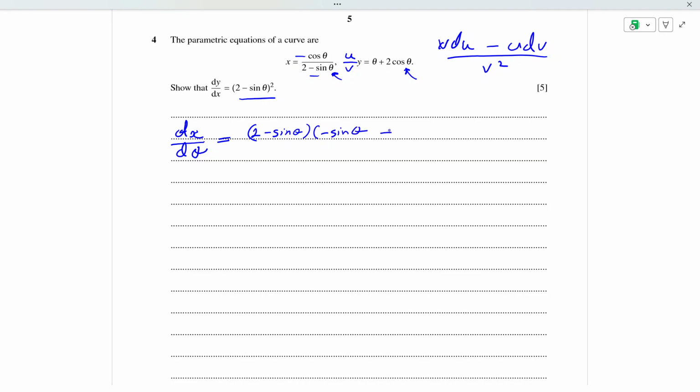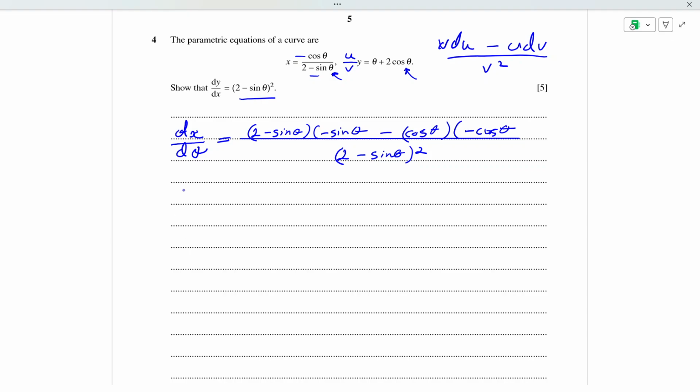Then you're subtracting u, which is cos theta, multiplied by the derivative of the denominator v, which gives negative cos theta. And all of that you're dividing by v squared, the denominator squared, (2 minus sine theta) squared.